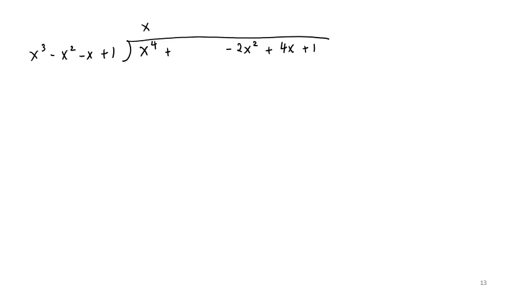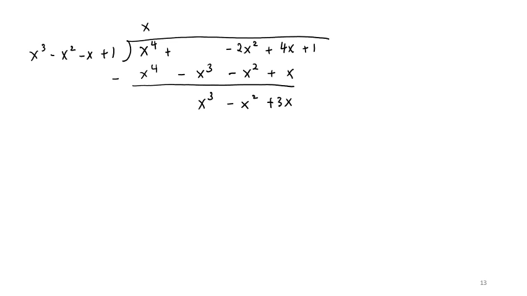So x times x cubed gives x to the 4, x times minus x squared gives minus x cubed, and so on. Then you subtract everything: you get x cubed, then minus 2 minus minus 1 gives minus 1 x squared, 4 minus 1 is plus 3x, and then bring the 1 down and continue the process.